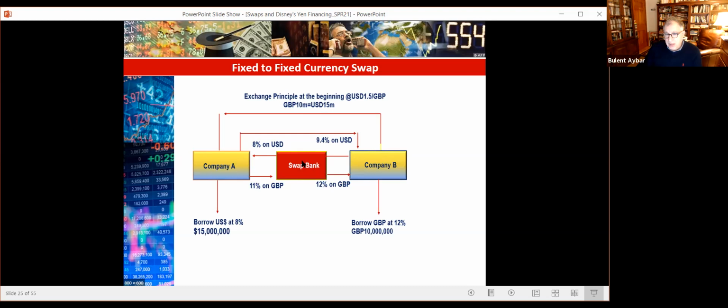So the swap bank practically receives the 15 million from company A and passes it to company B, and similarly receives 10 million pounds from company B and passes that on to company A. So principals are exchanged through the swap dealer, and company B agrees to receive 12% on its pound borrowing in the deal, which is going to help cover its pound borrowing costs. So it will receive a 12% payment on 10 million pounds and will pay interest for its original loan.